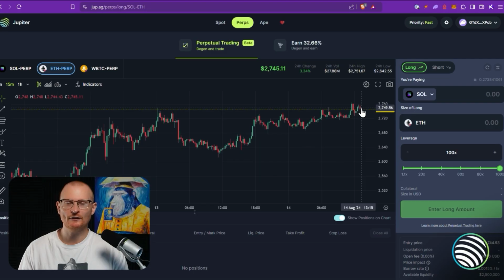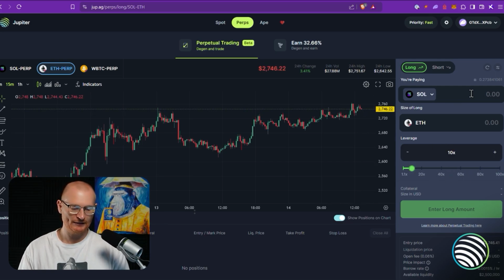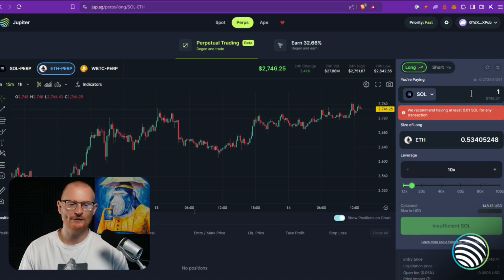Now, when we use leverage, we're using something called perpetual trading, a perps DEX. So when we go long, let's say not 100x, but something like 10x, we put in, let's say, one Sol. We don't have ten Sol, but we put in one Sol, and then we are using 10 times that value of Solana to bet that the price is going up. That's what longing is.